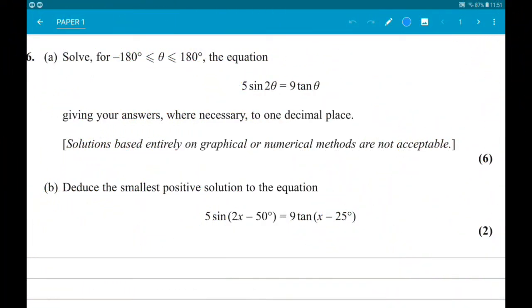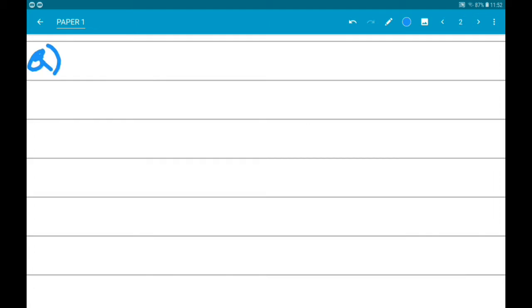Part D, solve for theta from minus 180 degrees to positive 180 degrees. 5 sine 2 theta is equal to 9 tan theta. Giving your answers when necessary to 1 decimal place. Alright, so sine of 2 theta is 2 sine theta cos theta.